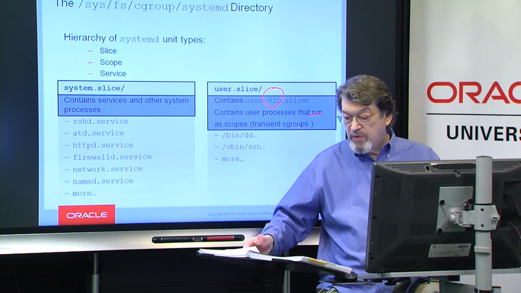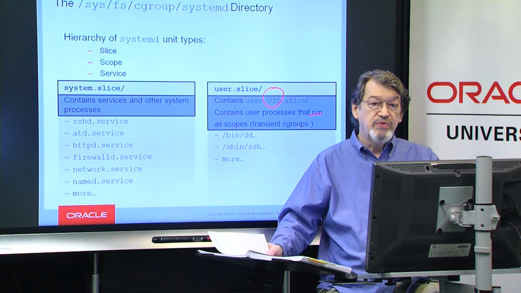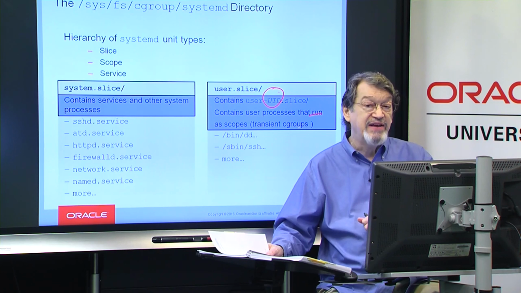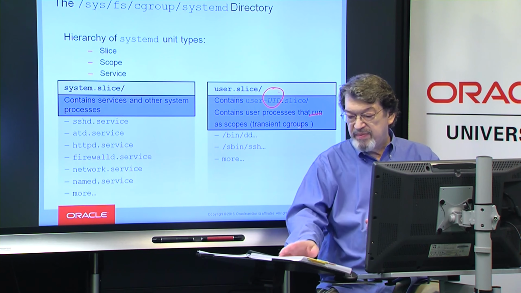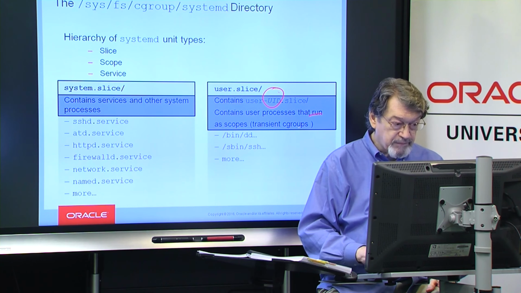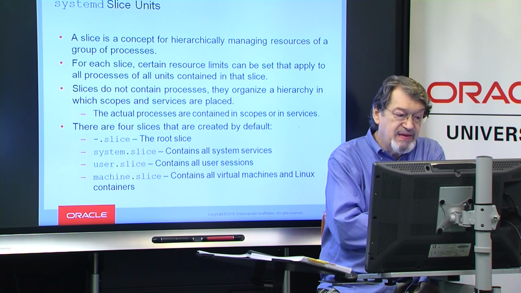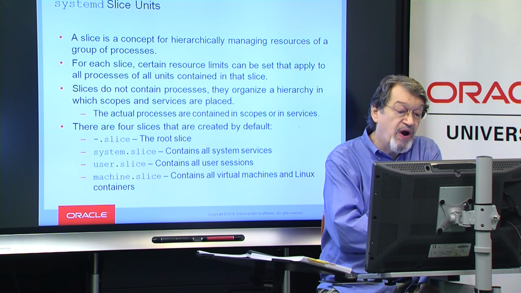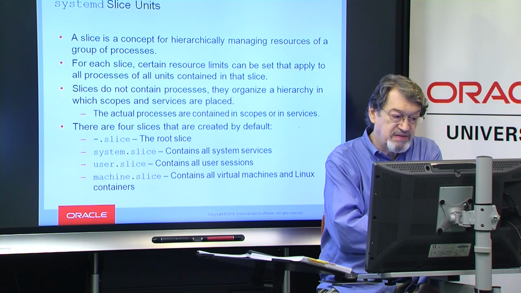Now, you won't have a user slice unless, when you do a hu-r command, the user actually shows up as being logged on. So in the systemd slice unit, a slice is a concept for hierarchically managing resources of a group of processes.